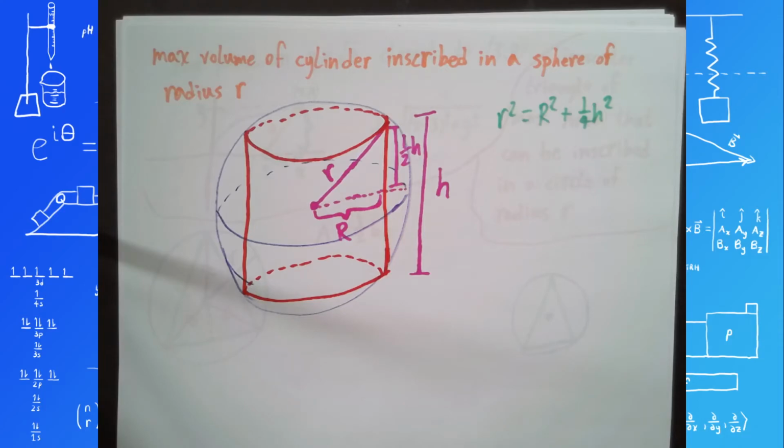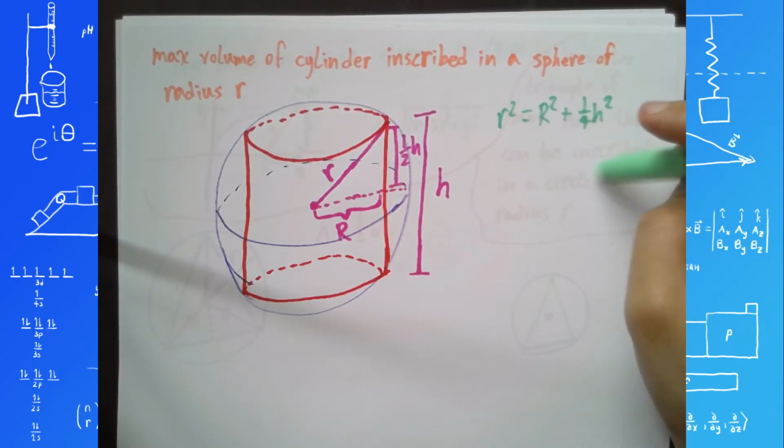But where do we go from there? Well, I guess what I want to do is let one of these, r or h, be my variable.